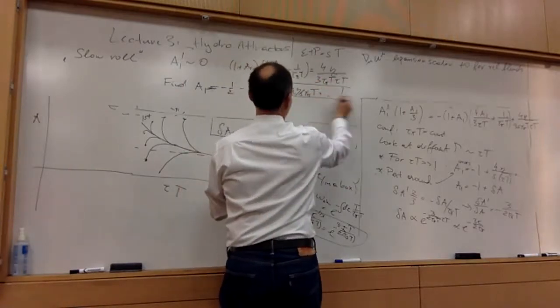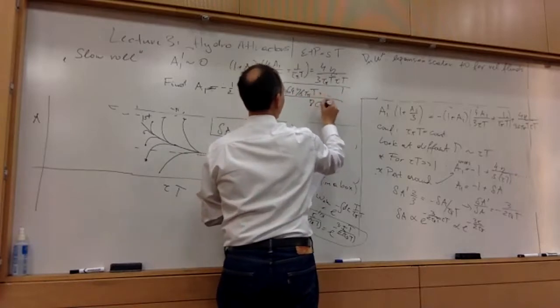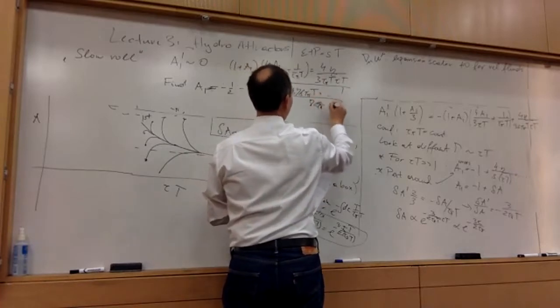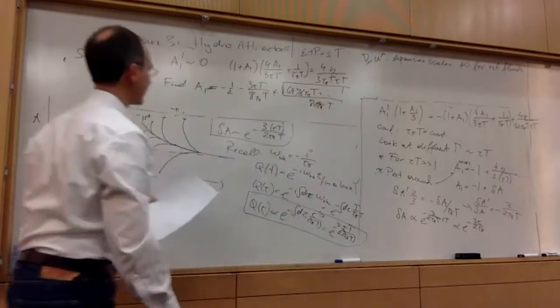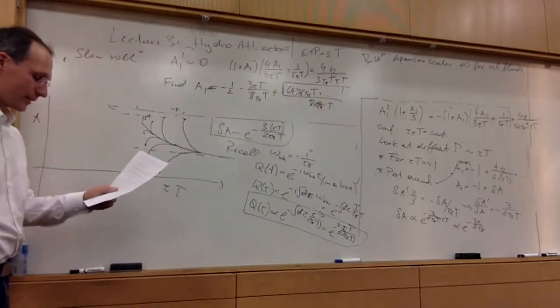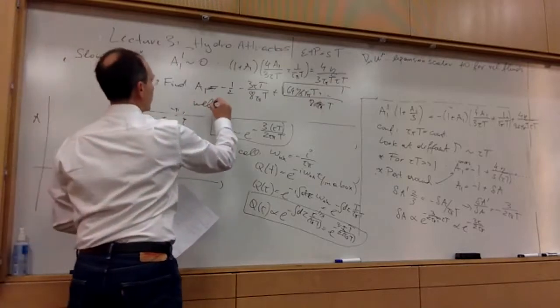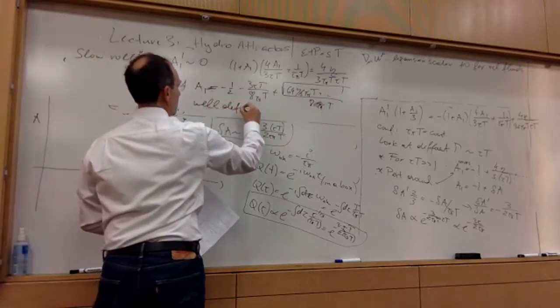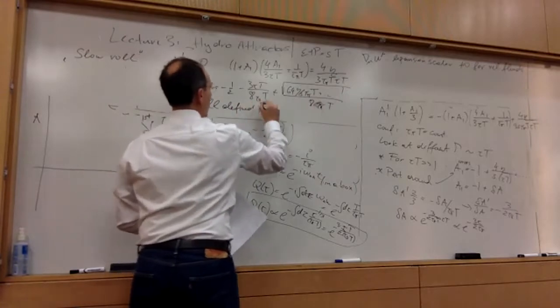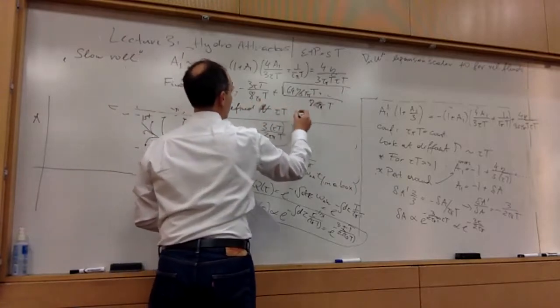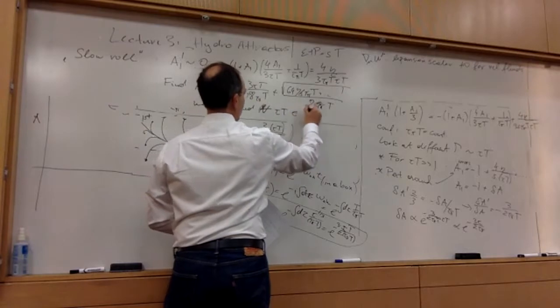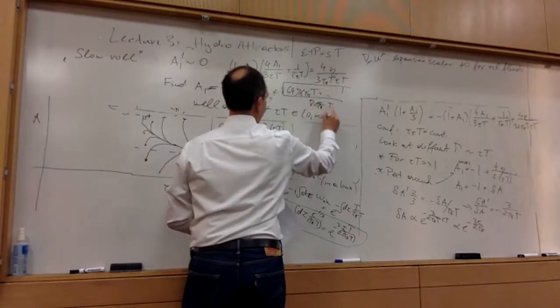It's a complicated expression that involves tau pi t and e over s and tau t. The main point is that this is well defined for all tau t from 0 to infinity.